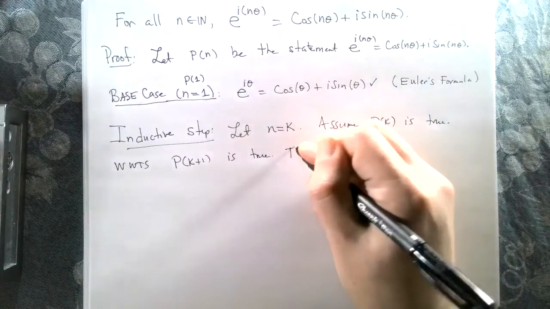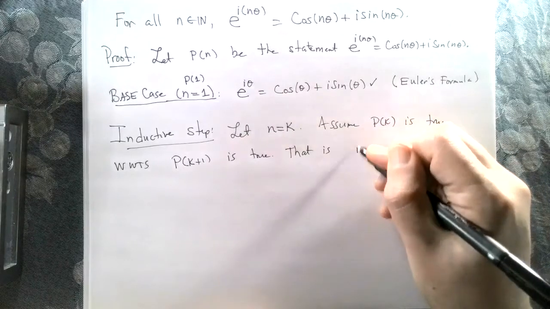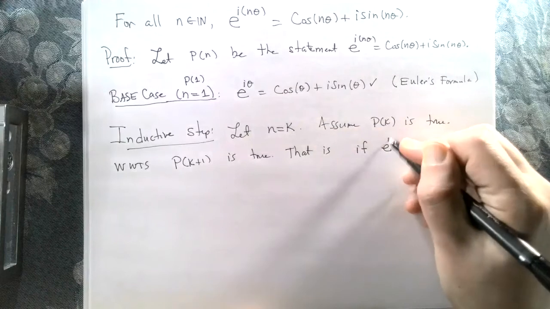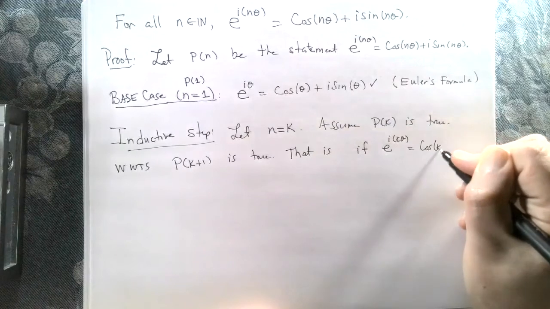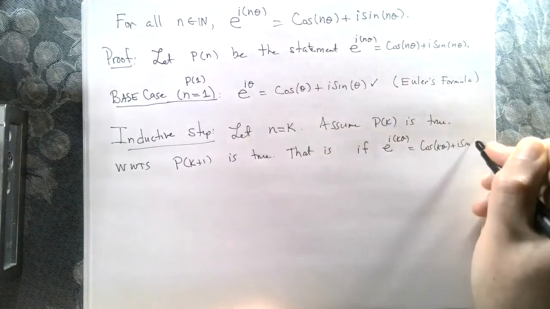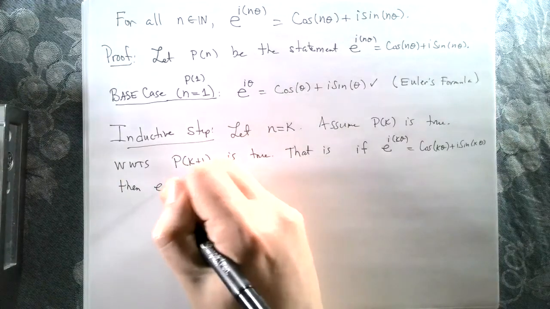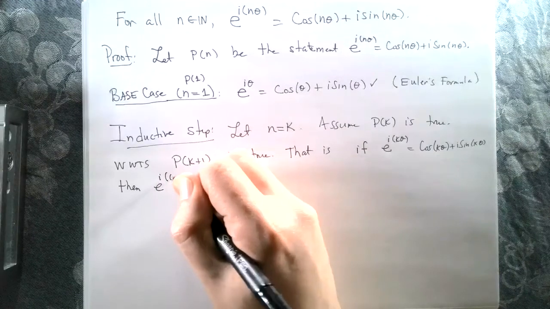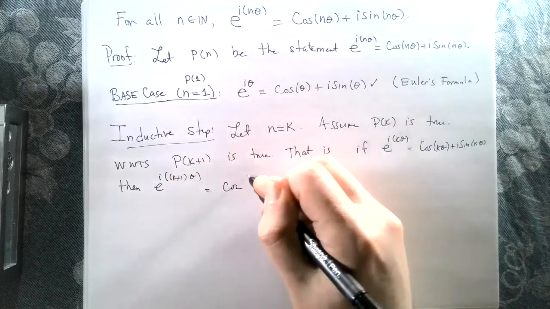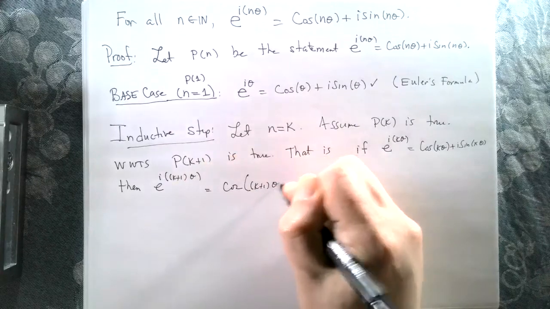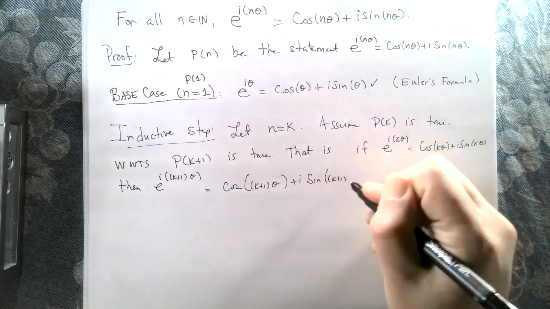So I'm going to say that is, if e to the i k theta equals cosine of k theta plus i sine of k theta, then e to the i, well, k plus 1 theta is equal to the cosine of k plus 1 theta plus i sine of k plus 1 theta.